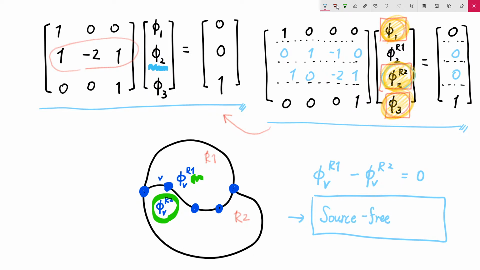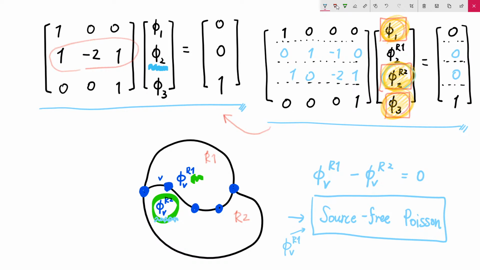Source-free Poisson equation, where the quantity at R2 occurs only here in this part. We don't have any quantities like phi sub v at R1.